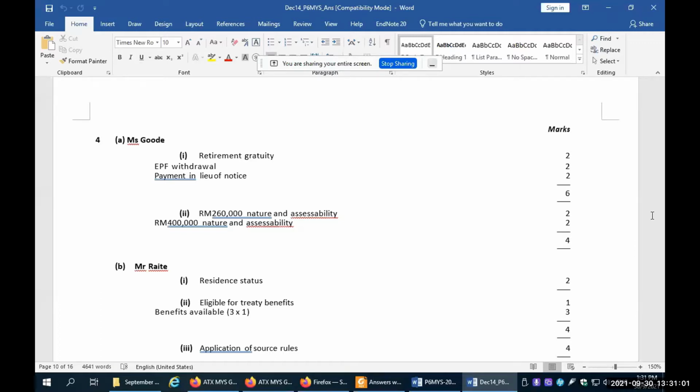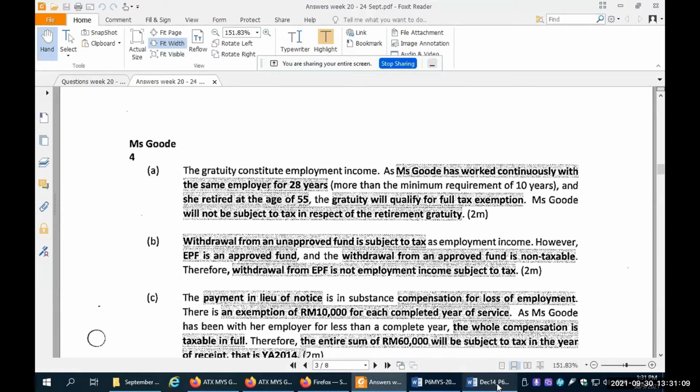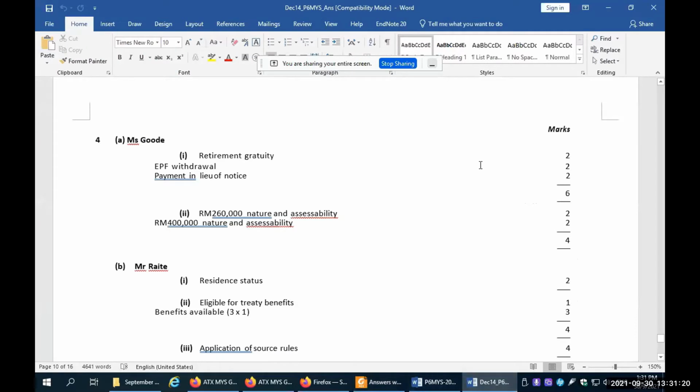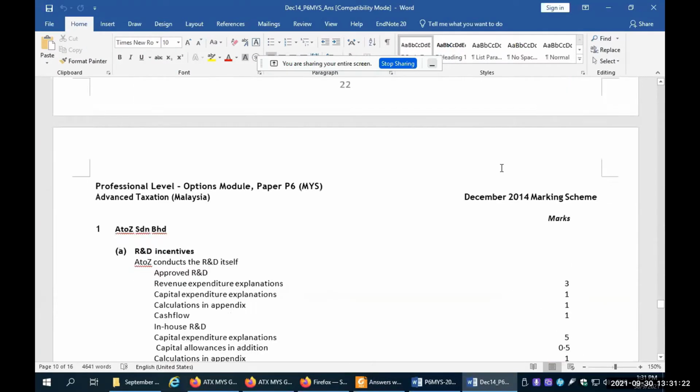What they feel is for 2 marks. Okay, now, in this situation, it's very simple because, for me, I generally follow the answer. I just change here and there for some of it.